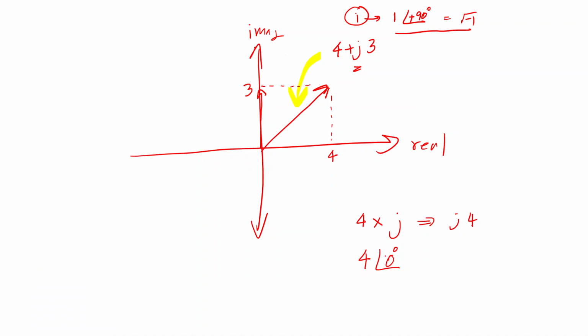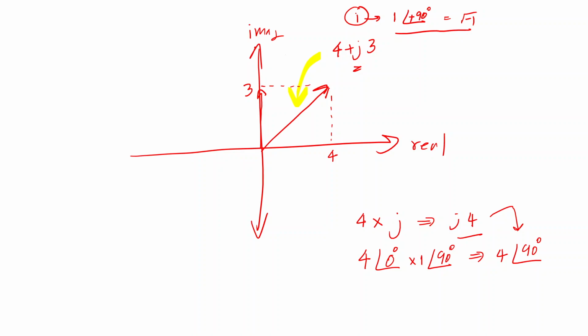It is similar to 4 at 0 degrees, multiplied with 1 at 90 degrees, and it becomes 4 at 90 degrees, right? Okay, so 4J is 4 at 90 degrees. Okay, you get that? Okay, J4 is 4 with a 90 degree angle, right?